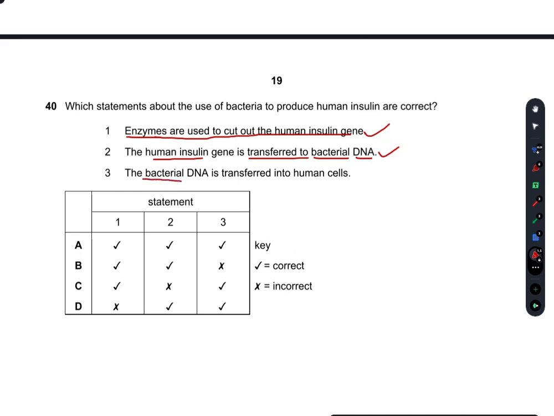The bacterial DNA is transferred into the human cells. No, it is not. The bacteria are allowed to grow and they produce insulin, and then insulin is extracted. So only 1 and 2 are correct. So B is the right option.